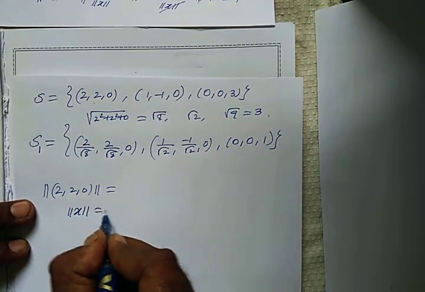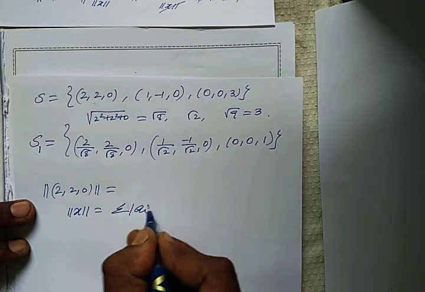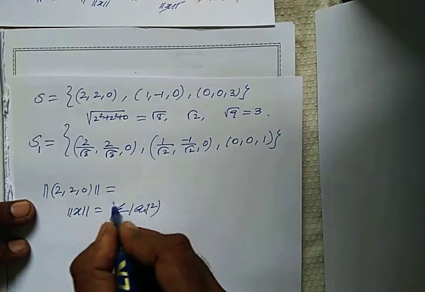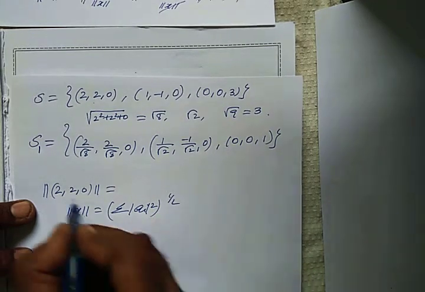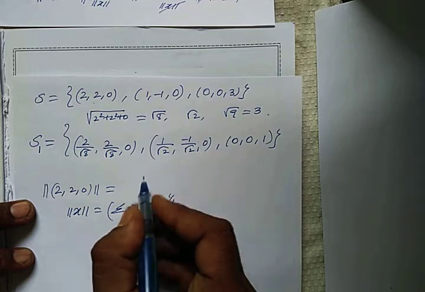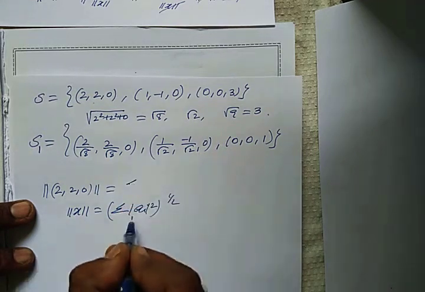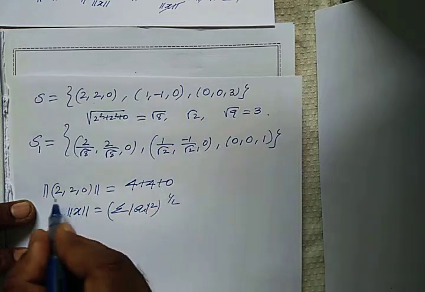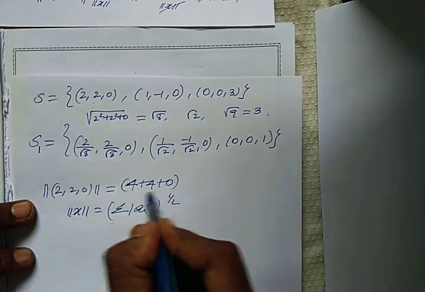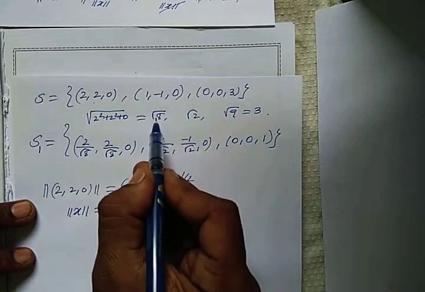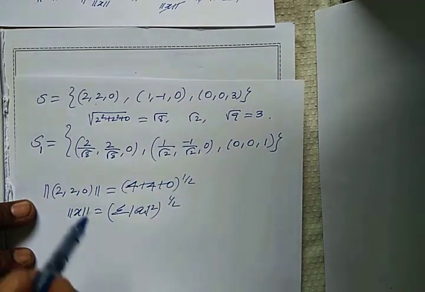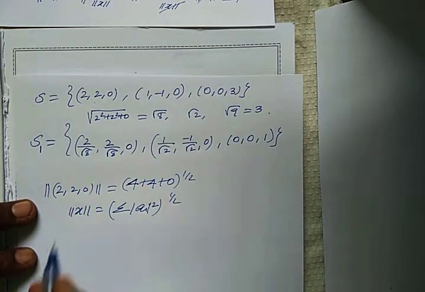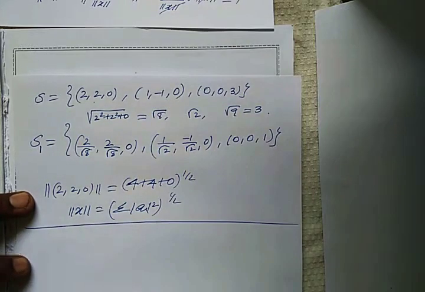Norm x is equal to summation mod a square whole power 1 by 2. So its norm is, instead of summation, we can directly write 4 plus 0 and whole power 1 by 2, that is square root. This is the standard inner product. That's why we have got this.